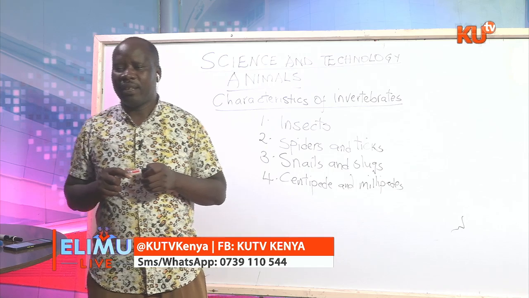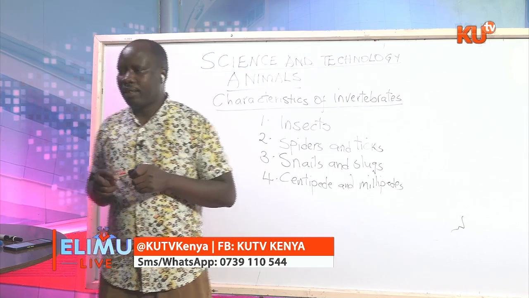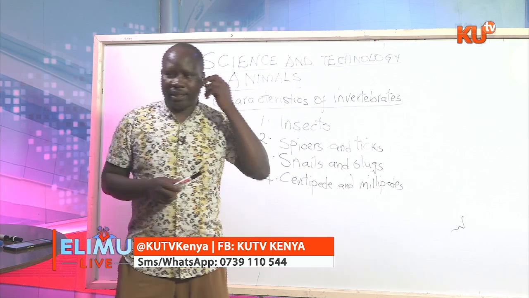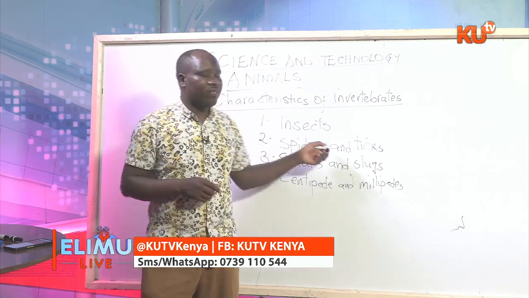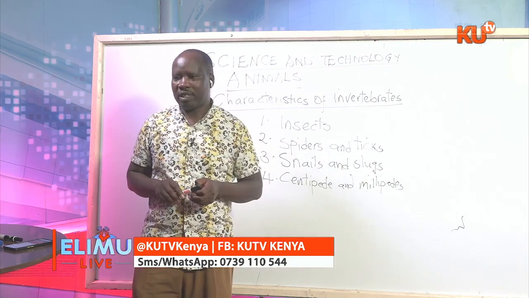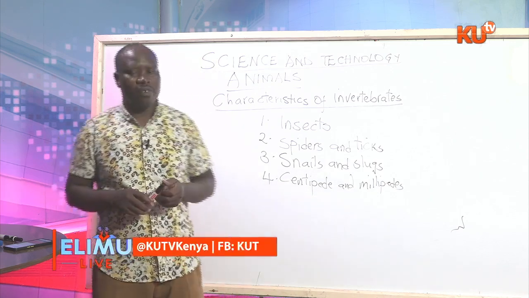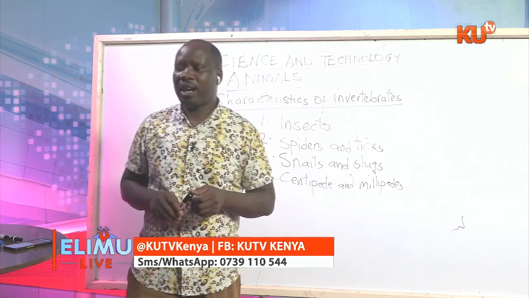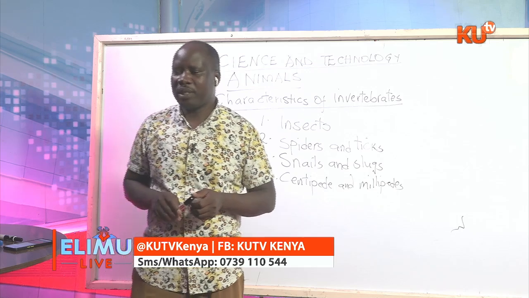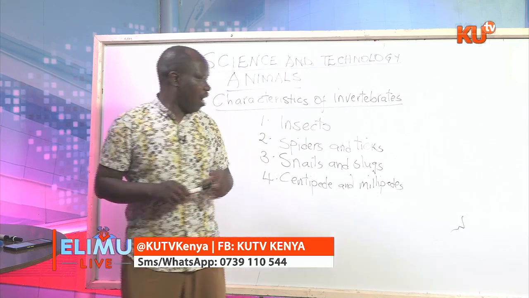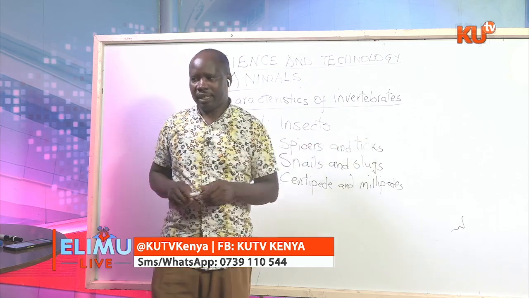Characteristic number 3, most of them have 2 pairs of wings. Then they also have a hard outer covering layer, which is called exoskeleton. And finally, they have a pair of antennae.